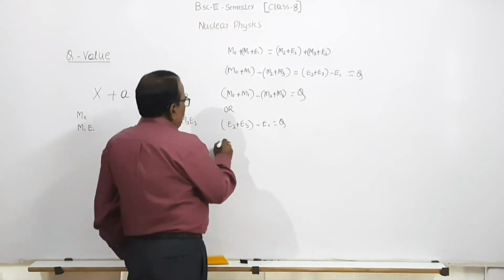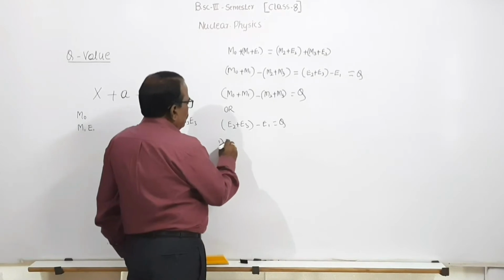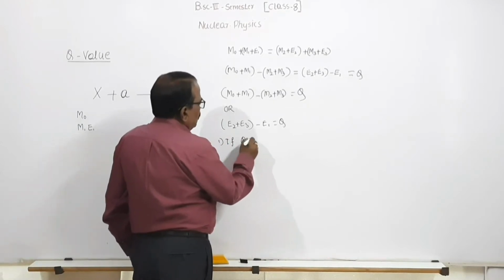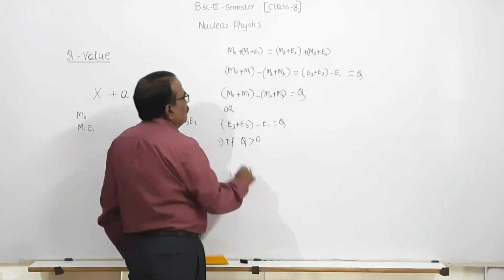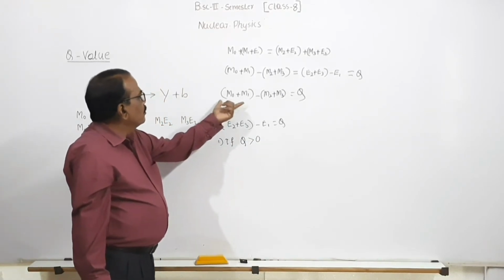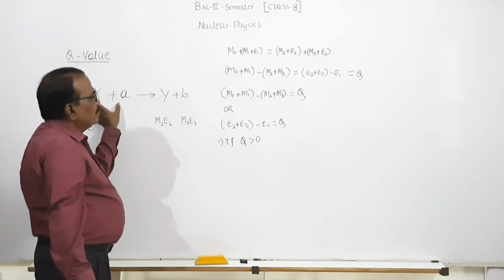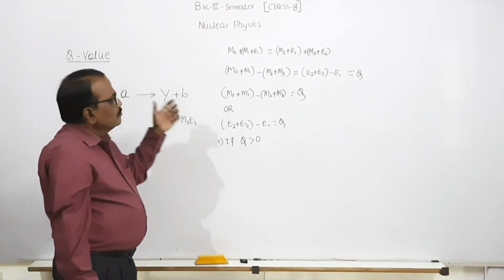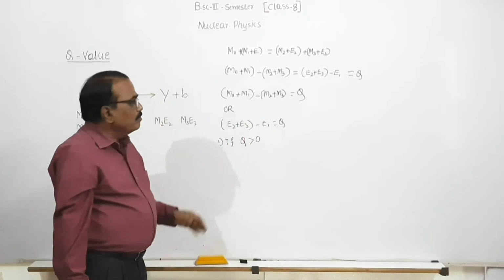So, if Q is greater than 0, this is the mass of the reactant and this is the mass of the products.